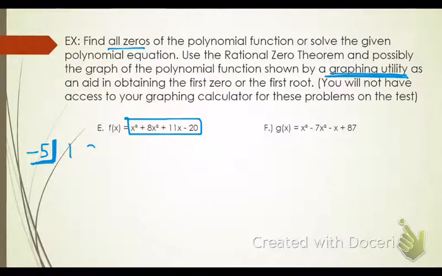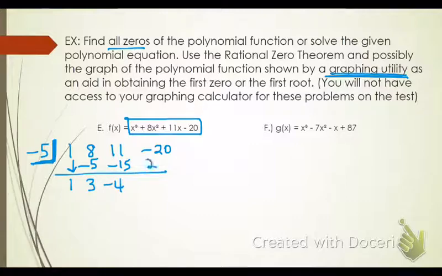So now if I plug this into synthetic division, remember I should be getting a 0 for a remainder. And then that gives me a quadratic function because it started out x cubed that I can factor. And this factors into x plus 4 and x minus 1.